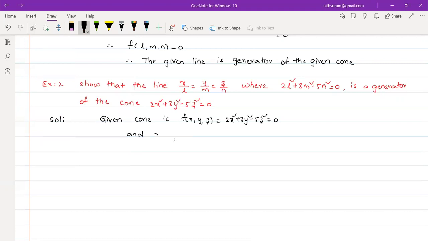And the given line is x/l = y/m = z/n. Now we have to prove that the values of l, m, n satisfy the given cone equation. So I am considering f(l, m, n). This is equal to 2l² + 3m² - 5n².